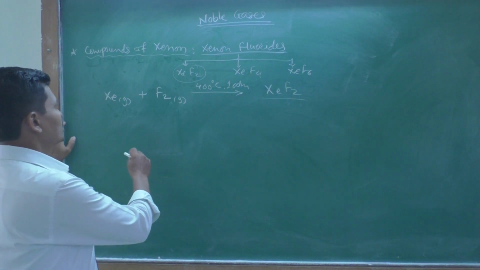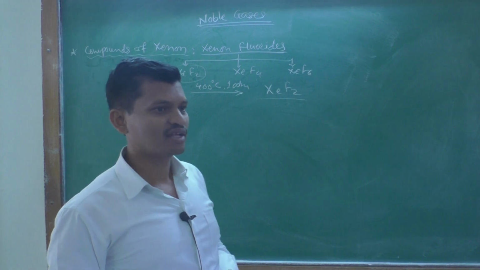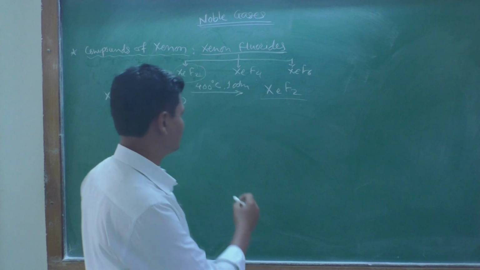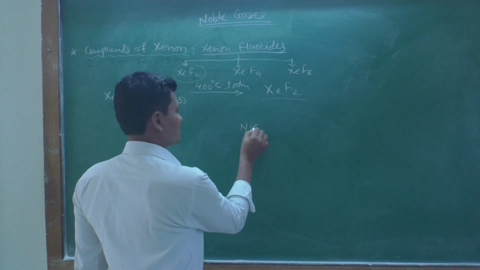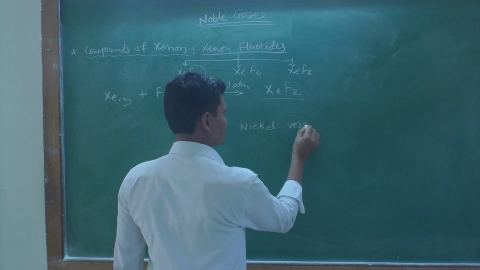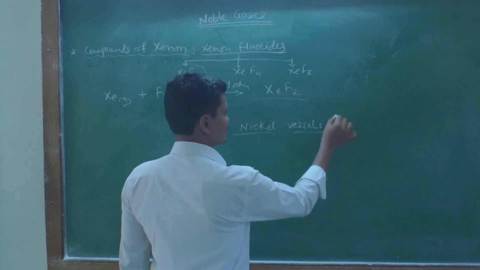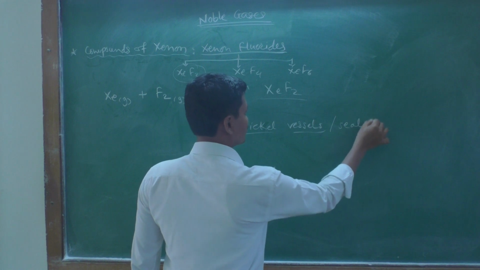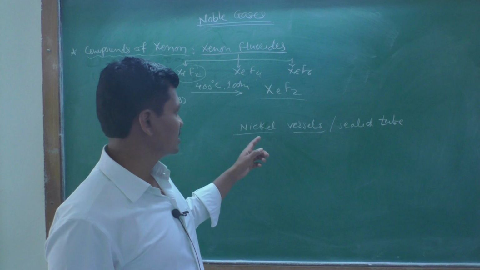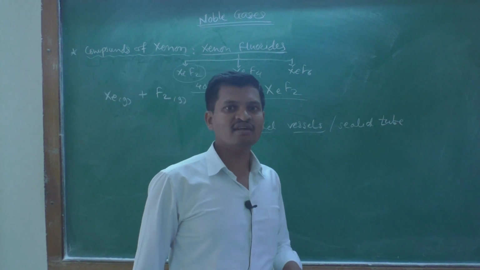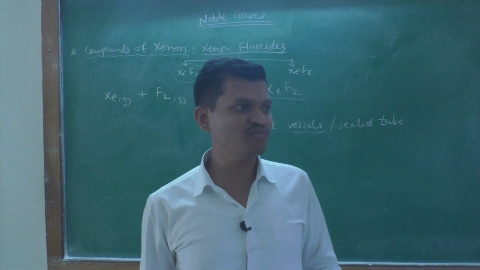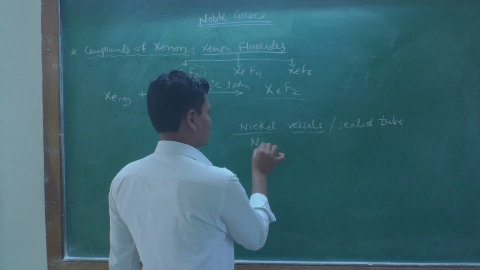Due to the presence of fluorine, such reactions are generally done in nickel vessels or nickel sealed tubes. The nickel vessels are made in such a way that they are coated with nickel fluoride.